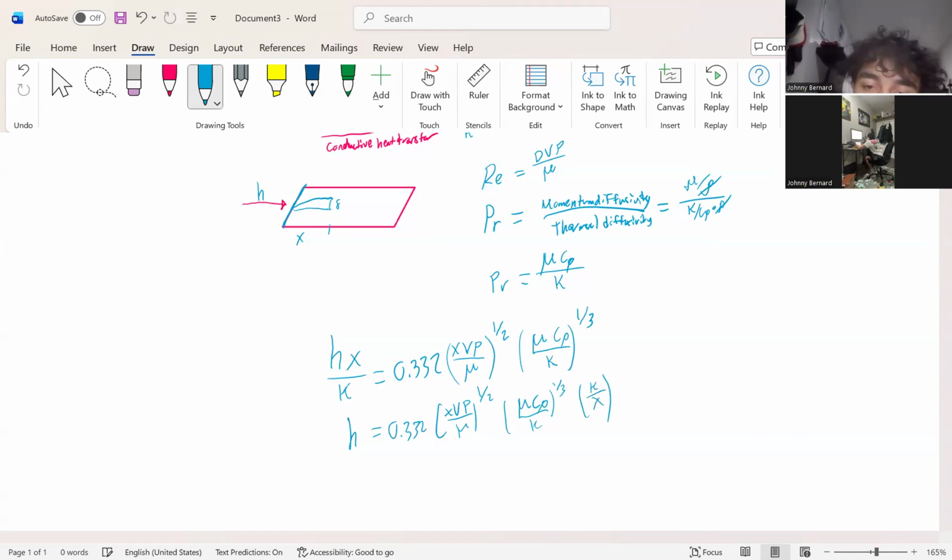And these two k's are not the same, as this is to the 1/3 power and this is to the 3/3 power.